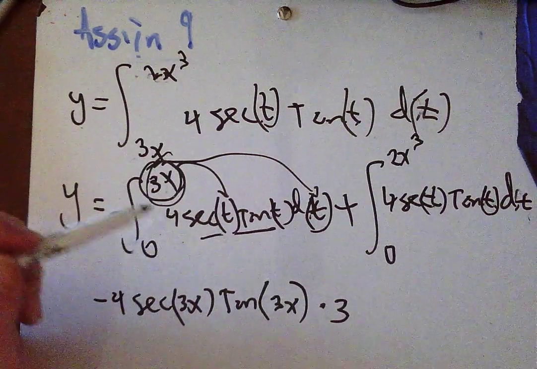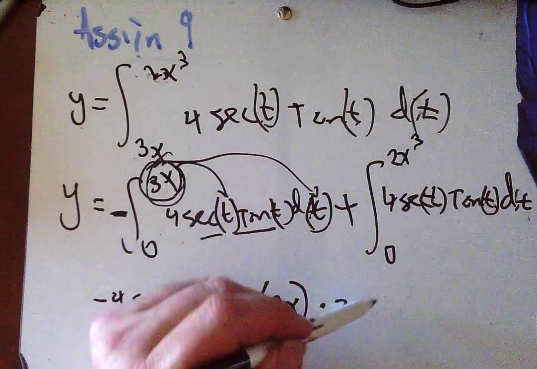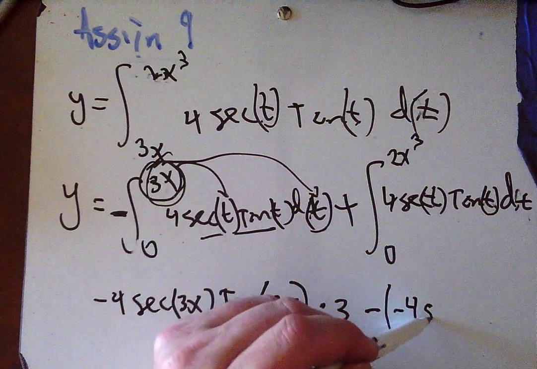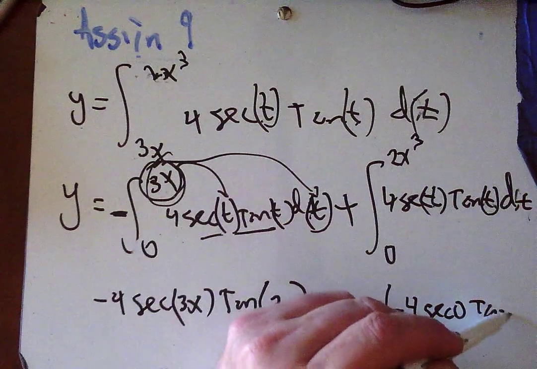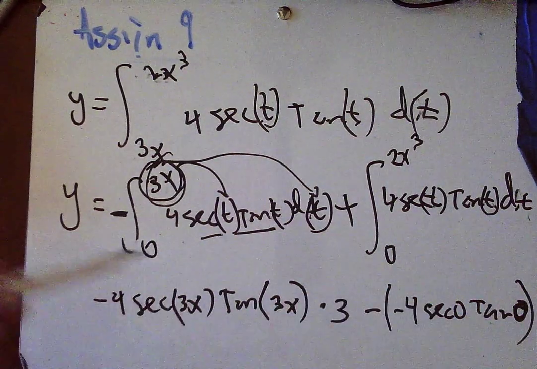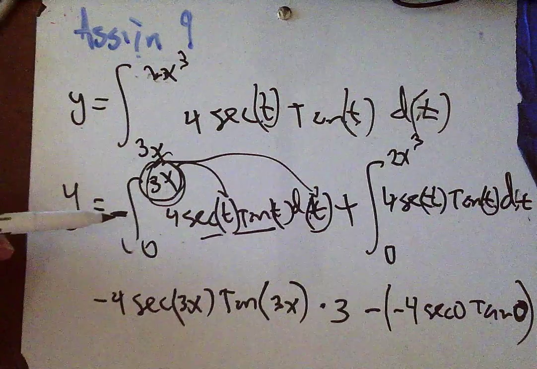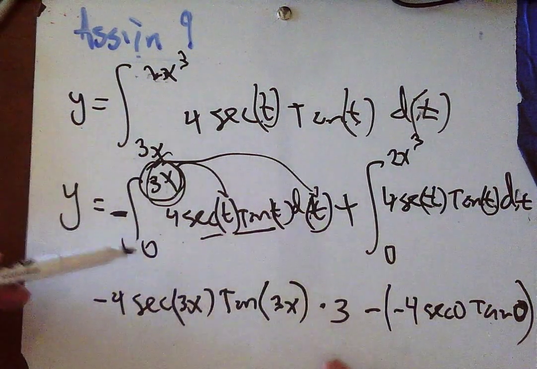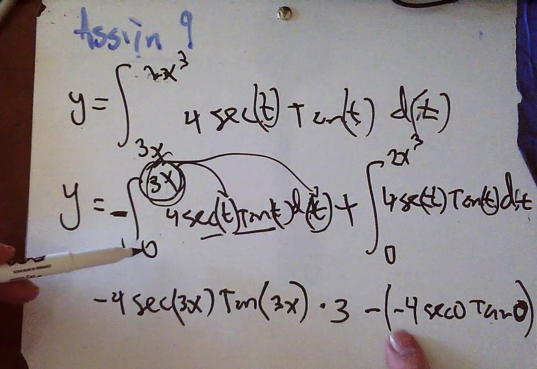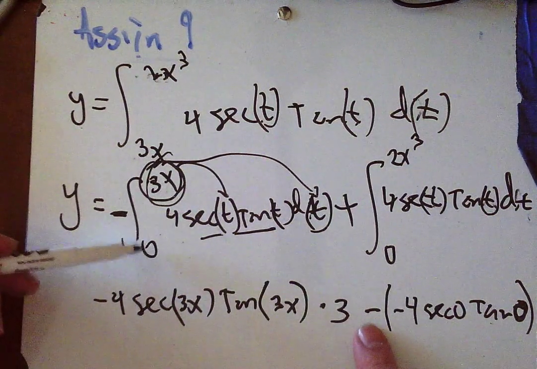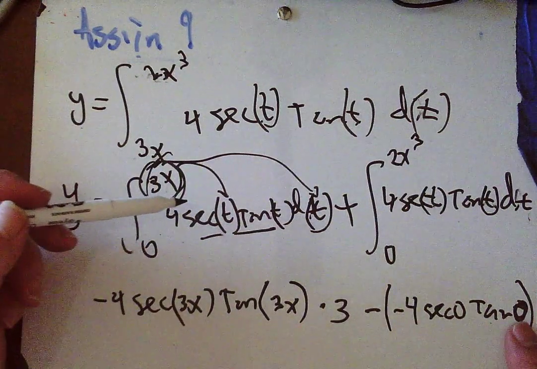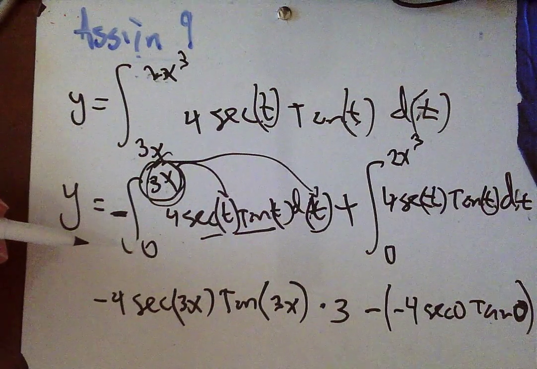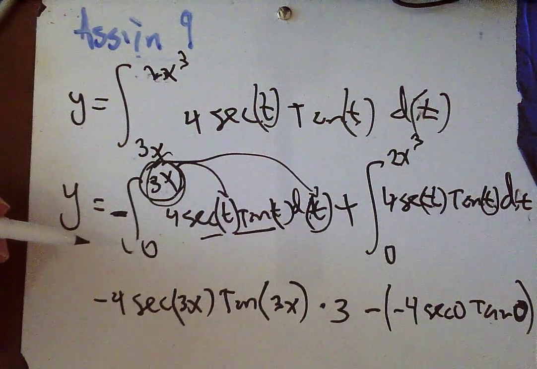Tangent of 0 minus negative 4 secant 0 tangent 0. That's evaluating here, and that's evaluating after this minus sign. Secant tangent. Took the derivative, plugged in the values.